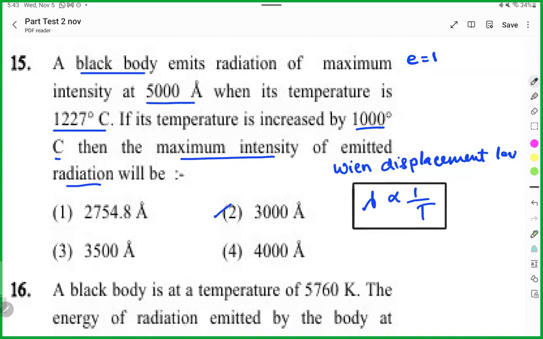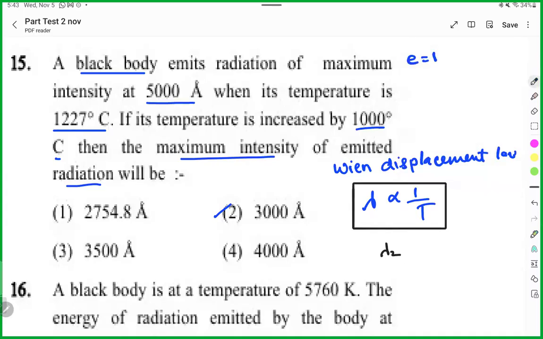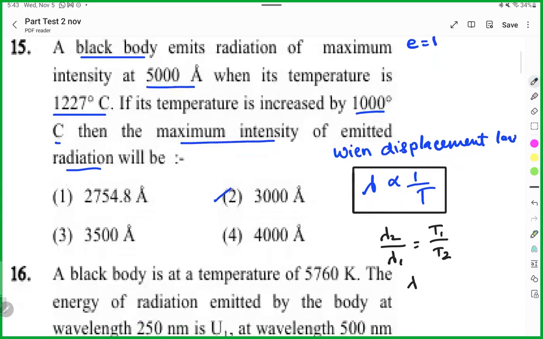You have to calculate lambda 2. So we can write lambda 2 by lambda 1 will be equal to T1 by T2. What is lambda 1 value? 5000.